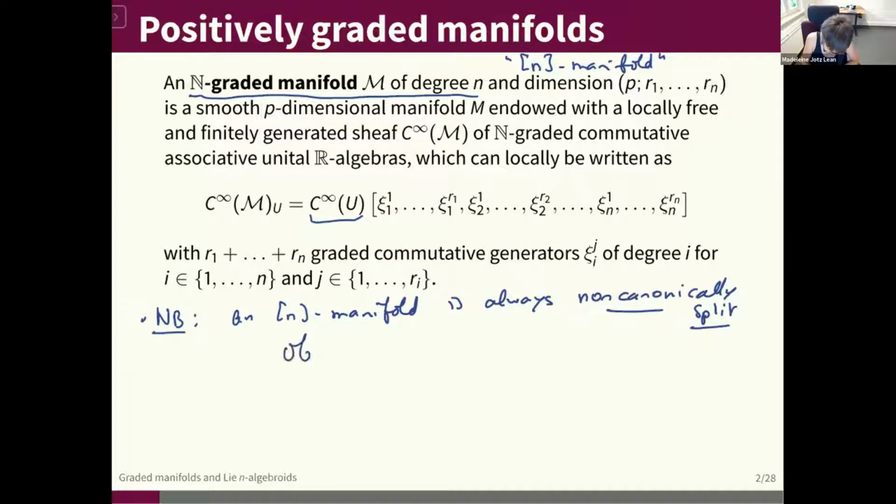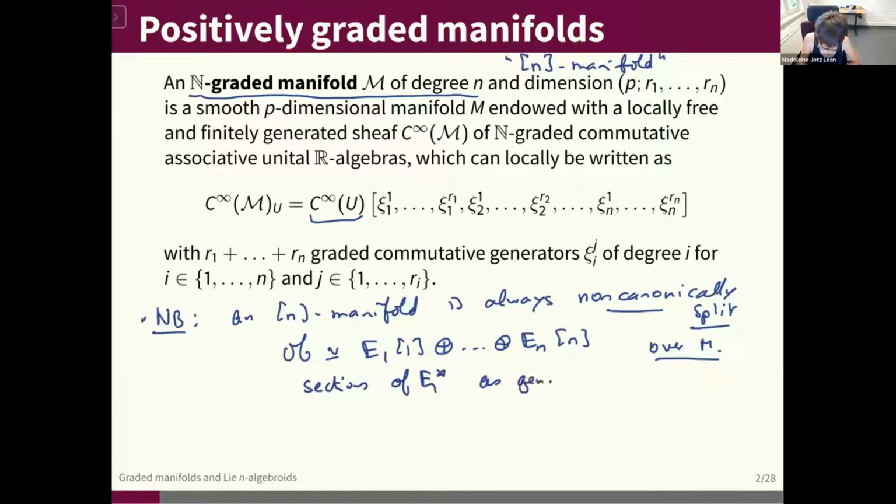Which means that M is isomorphic to a simple graded manifold, which consists of n different vector bundles over the same base M. So this notation means that you can just understand M as having sections of E1 stars as generators of degree 1, and E2 stars in degree 2 plus products of two elements of degree 1, etc., until degree n. And so that will be important.